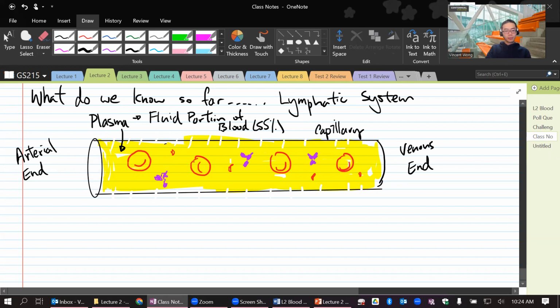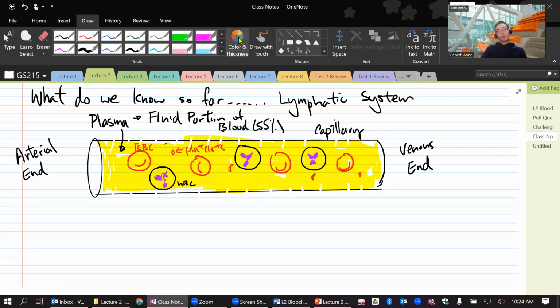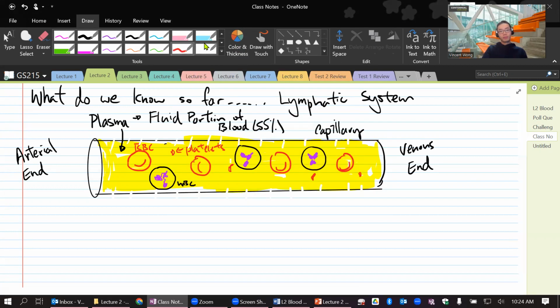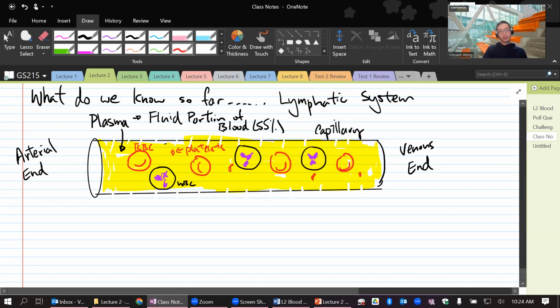Okay, and then we'll draw a circle around it. So these are WBC, these are RBC, and then these are platelets, right? Nothing new so far. Everything is what you've learned in lecture 2.